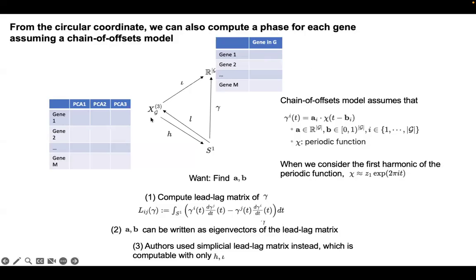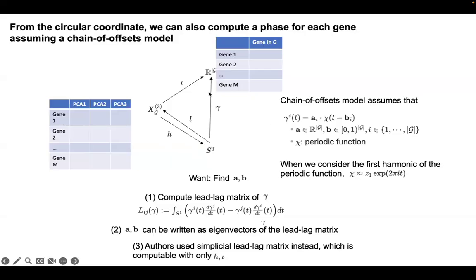We fix the set of genes and restrict the vectors accordingly, and we get a circular coordinate for it based on the top three PCA components. And by assuming the chain of offset model, we also get a periodic model for genes simultaneously.